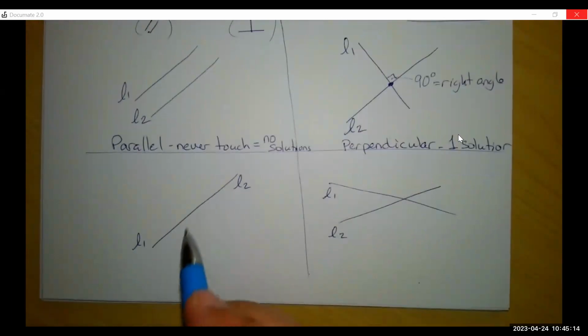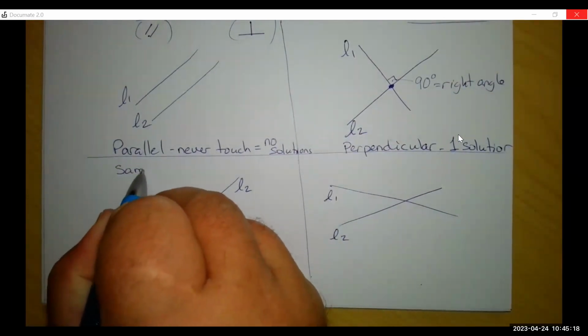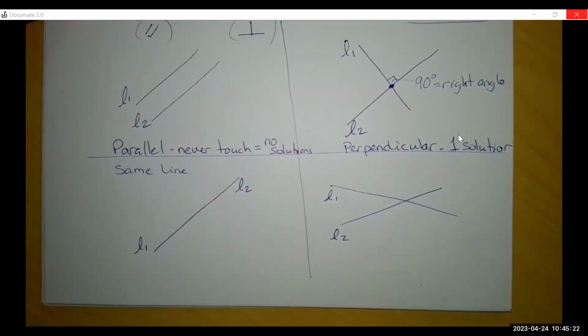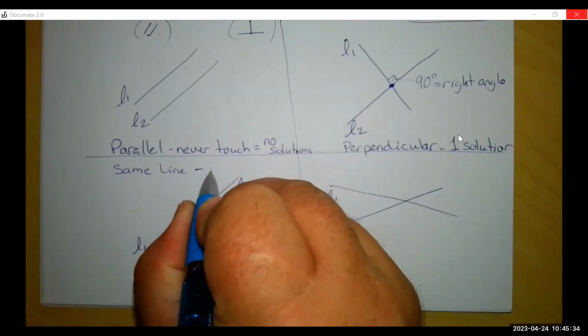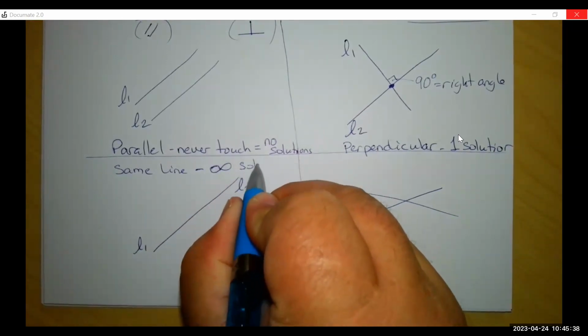This one down here, line 1 and 2, they're the same line. Because they're the same line, they have infinite solutions.